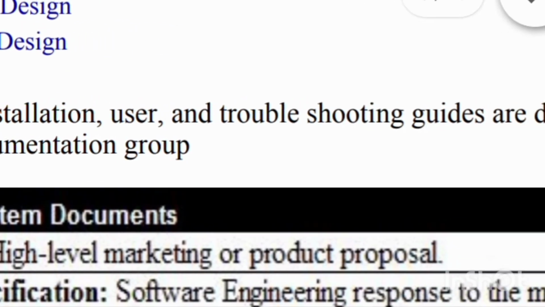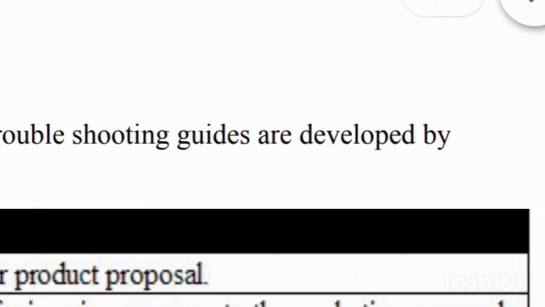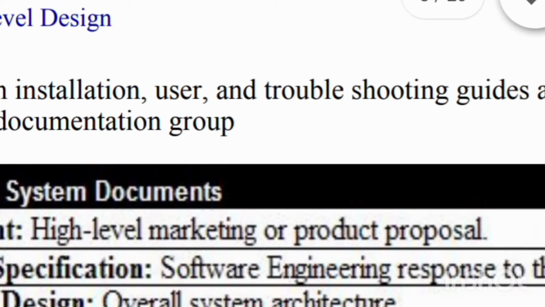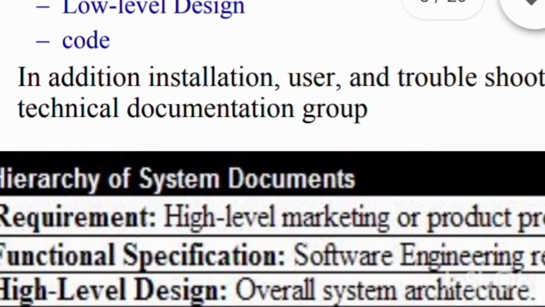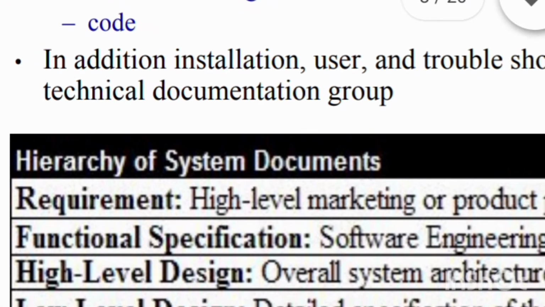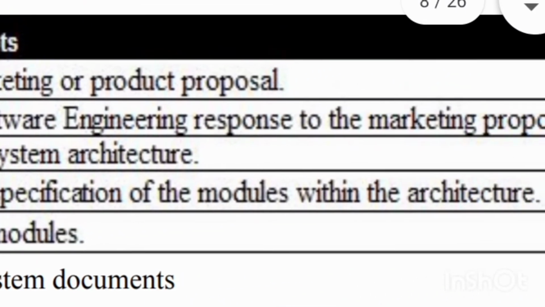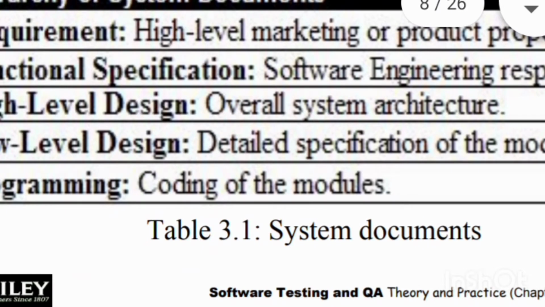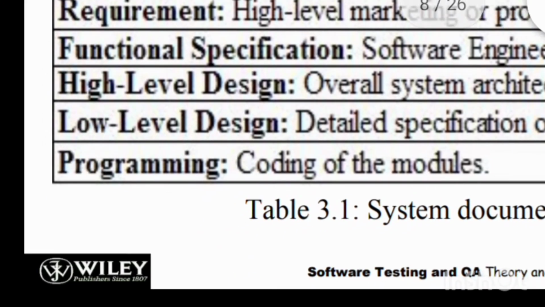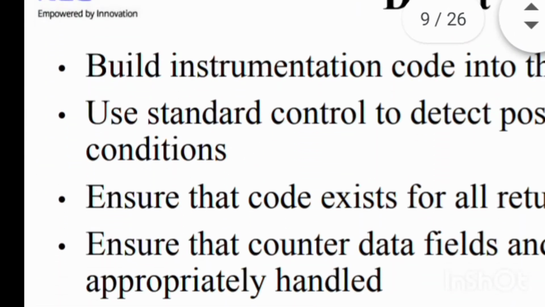Functional specification is the software engineering response to the marketing proposal. In the high level design, the overall system architecture is represented. In the low level design, a detailed specification of the modules within the architecture is specified. In the code or programming, coding of the module is represented.